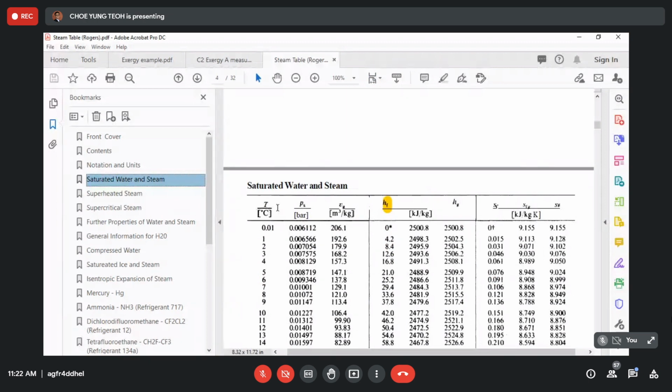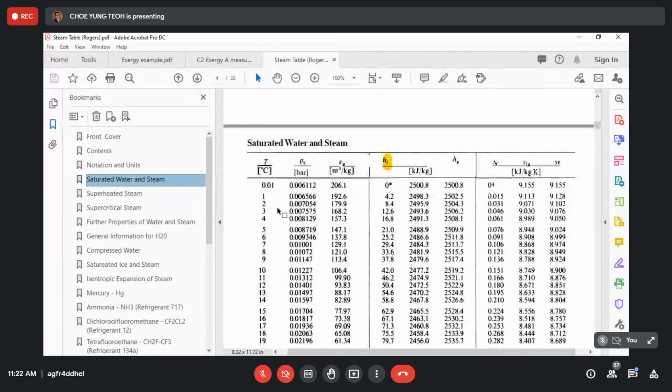What information can you get from here? Looking at the first three columns: temperature, pressure, and volume. If you don't know what the symbols are, look at the units: degrees Celsius, bar, and meter cubed per kg.